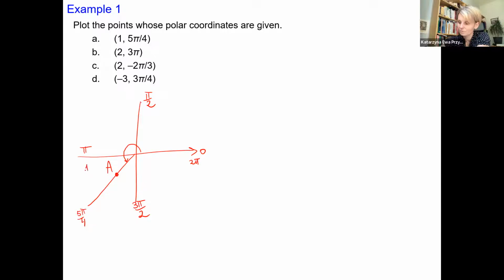That means this will be 1, 5 pi over 4. But I have to put A. Oh, I can do the same way. Okay, so we can see, the R, the distance from the pole, is not negative. The point will be plotted in the same quadrant. Okay, let's do B. What about B? Where shall I plot B?